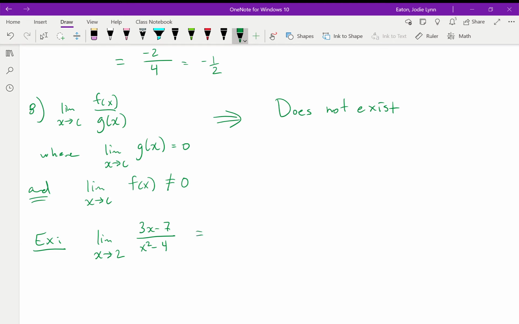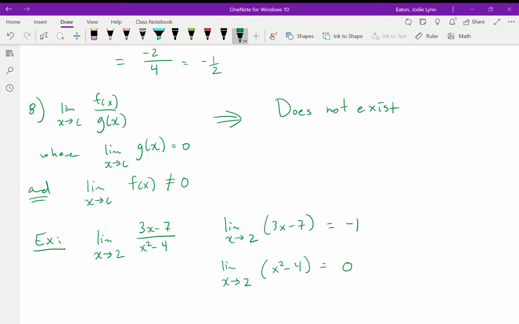We're going to take a look. So the limit as x approaches 2 of 3x minus 7 equals 6 minus 7, which is negative 1. And the limit as x approaches 2 of x squared minus 4 equals 0.